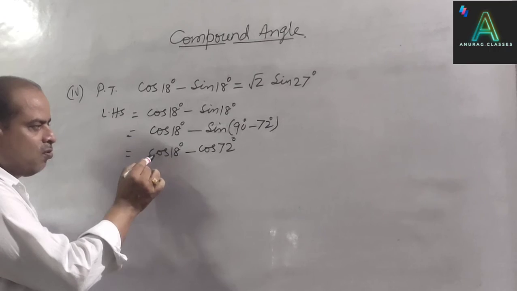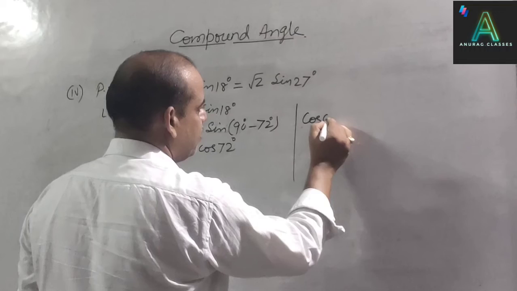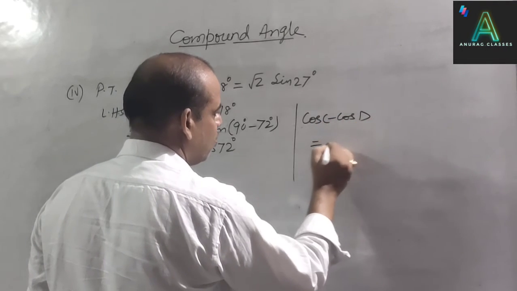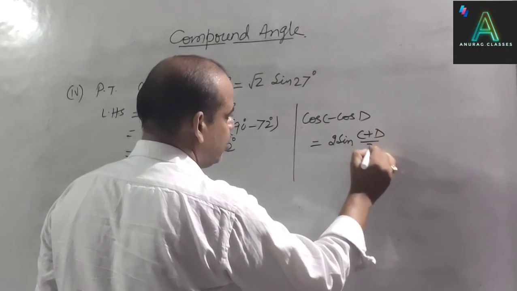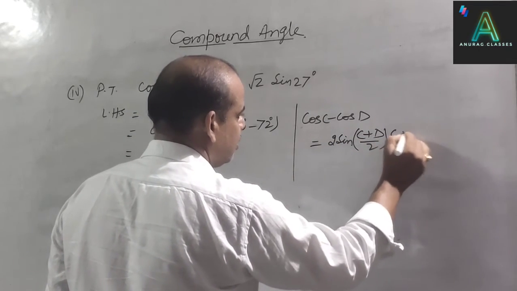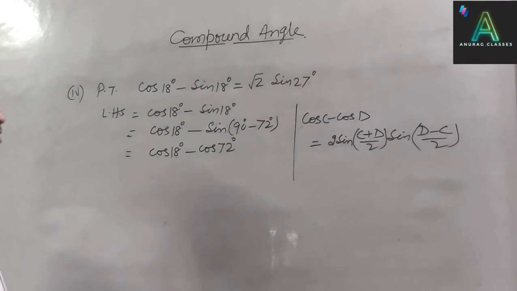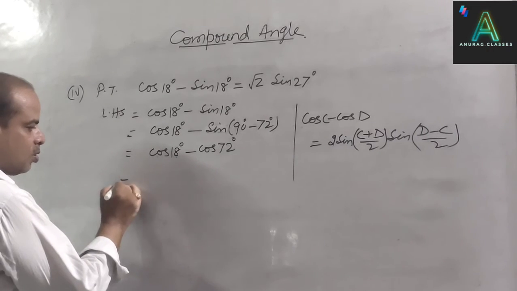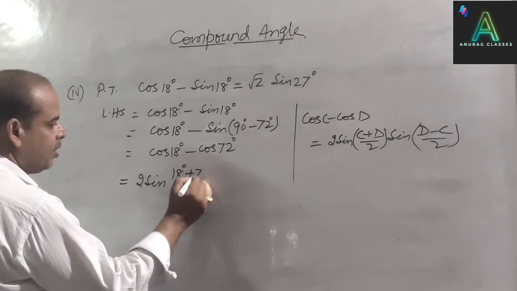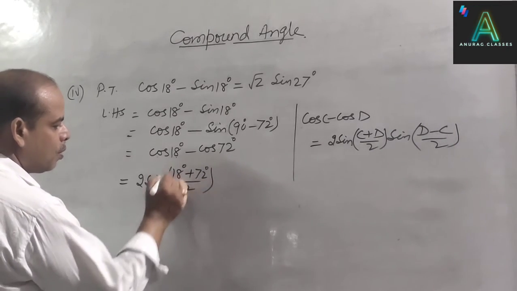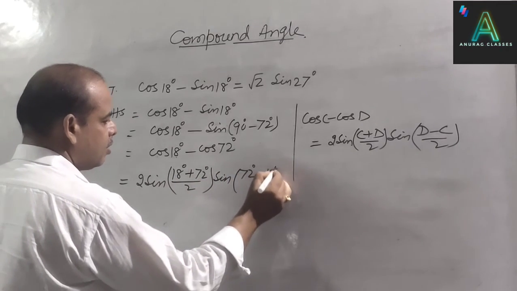Now it takes the form of cos C minus cos D, and the formula was 2 sine C plus D by 2 into sine D minus C by 2. This is the formula of cos C minus cos D, which I am going to apply here. So it will be 2 sine C plus D by 2 into sine D minus C by 2.